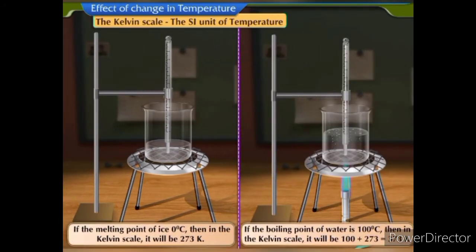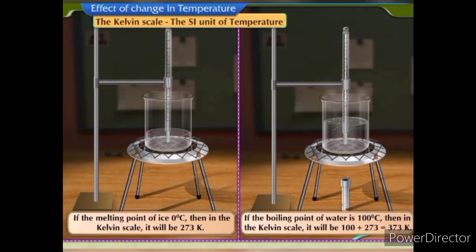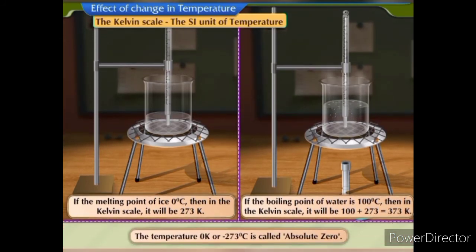Similarly, if the boiling point of water is 100 degrees Celsius, then in the Kelvin scale it will be 100 plus 273, which is equal to 373 Kelvin. The temperature 0 Kelvin, or minus 273 degrees Celsius, is called absolute zero.